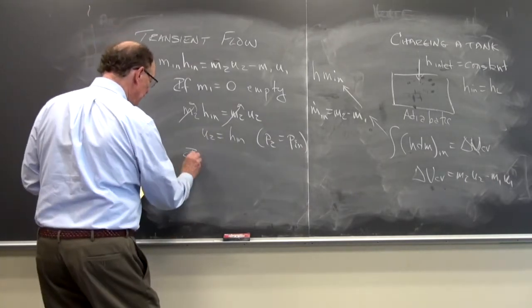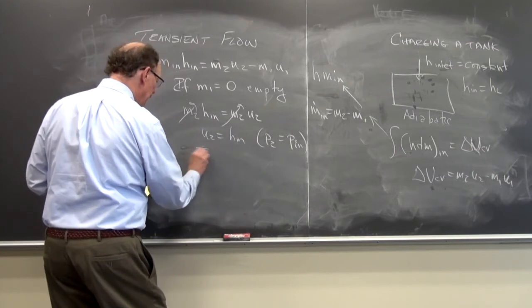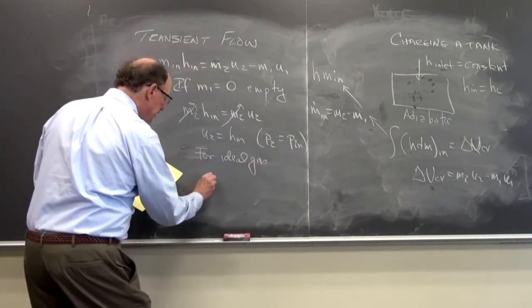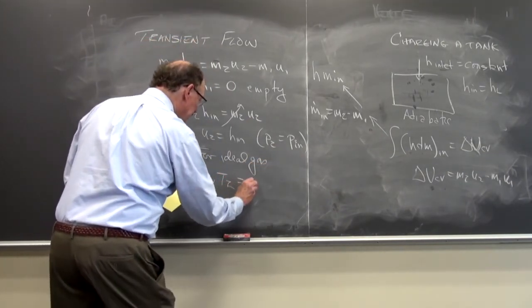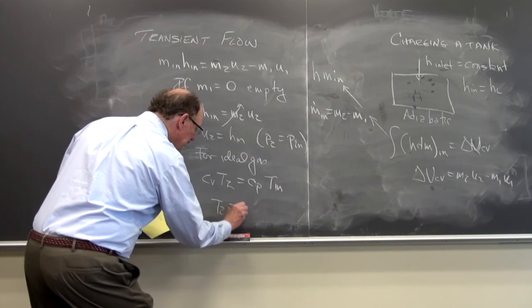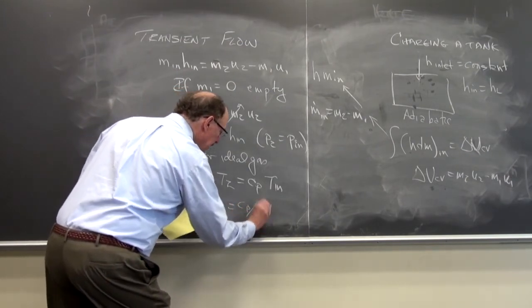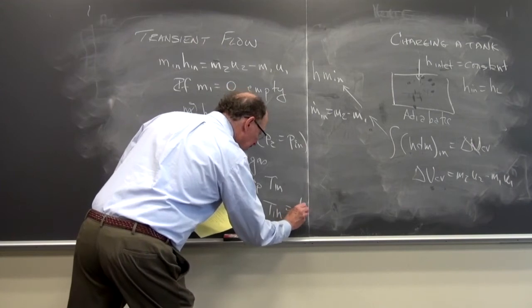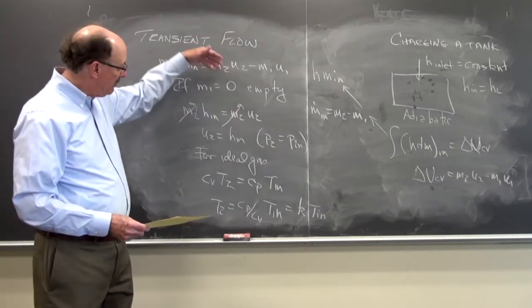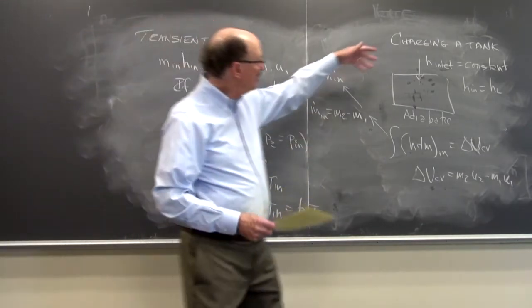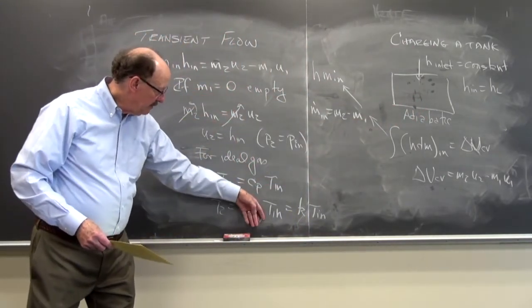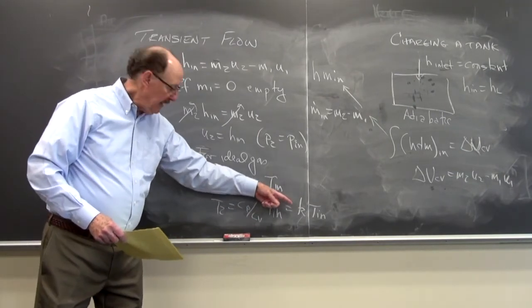For an ideal gas, we have Cv T2 is equal to Cp Tn, where T2 is equal to Cp over Cv Tn, which is equal to k times Tn. So in this case, again, adiabatic, when I charge it, the temperature finally in the tank is higher than the inlet temperature.